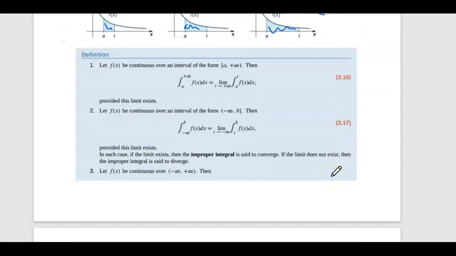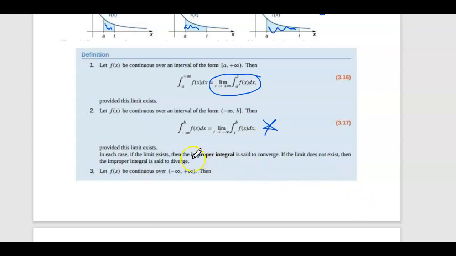So here are some definitions for us to look at. If you have an integral from a real number to infinity, then we're going to change that to be the limit as t goes to infinity, and then change that bound. You can also do this from negative infinity to a number. We call that an improper integral.